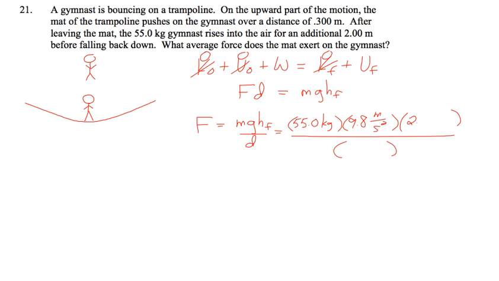So 2.3 meters. And over what distance was the force applied? 0.3. The force was only applied over the first 0.300 meters of the motion, of the gymnast's movement from its low point to its high point.